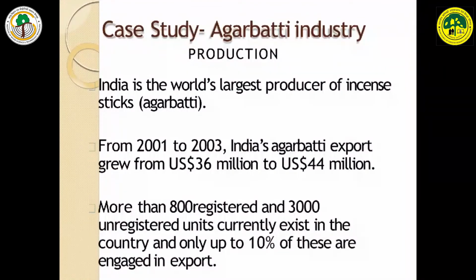I have just given a few examples of case studies from India, where Agarbathi is a big industry, and the maximum revenue from NTFP-based industries is the contribution of the Agarbatti industry in India.